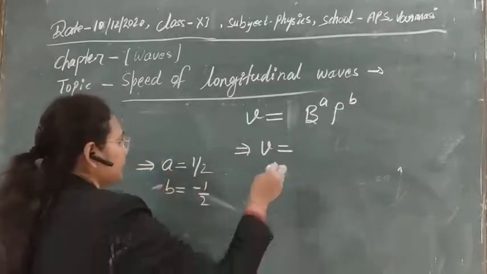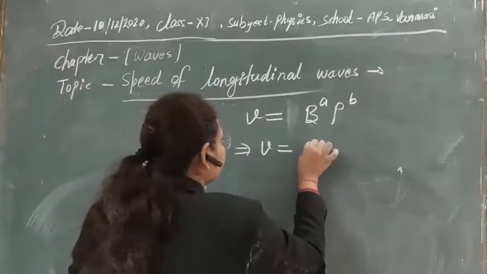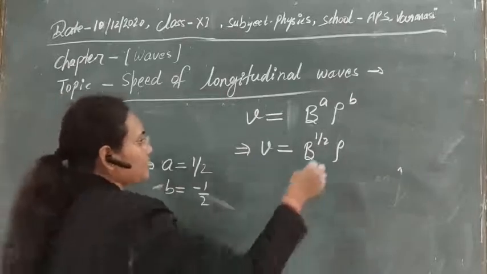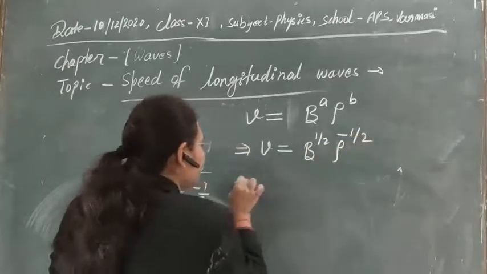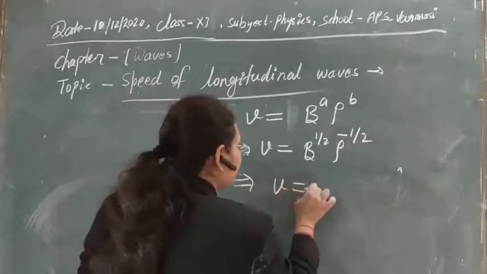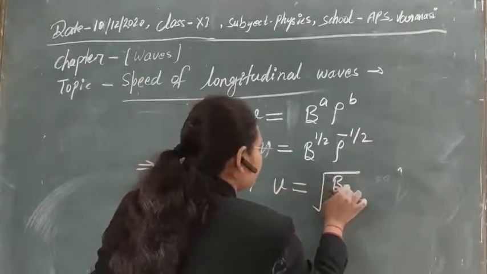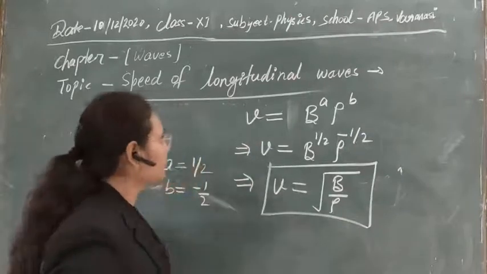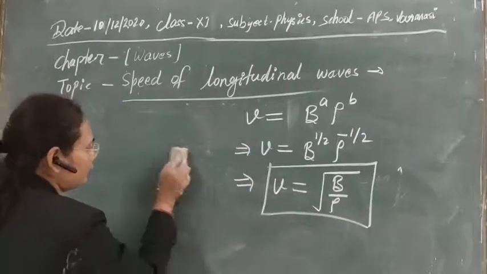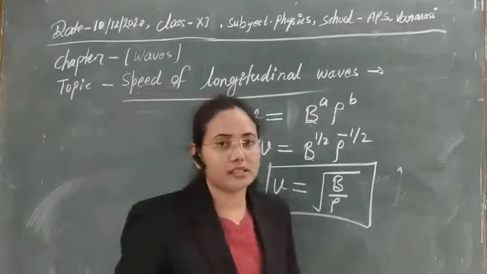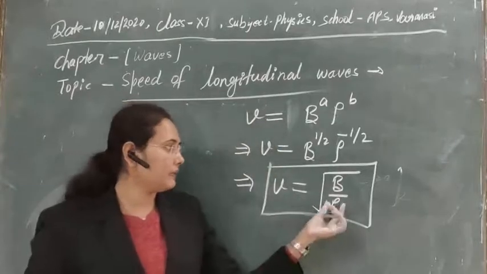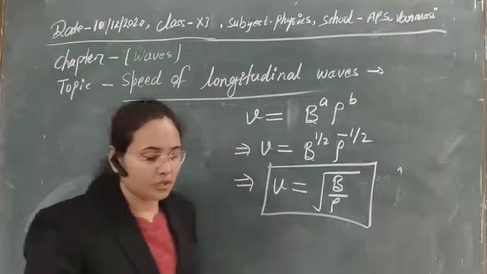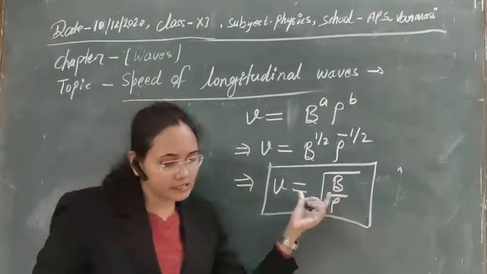The value of a is 1 by 2 and the value of b is minus 1 by 2. So finally the v obtained is equal to the square root of B by rho. This is the value for the speed of longitudinal wave in the case of solids that have bulk modulus capital B, and density of the material of the medium is rho here. So it is dependent on these two factors.